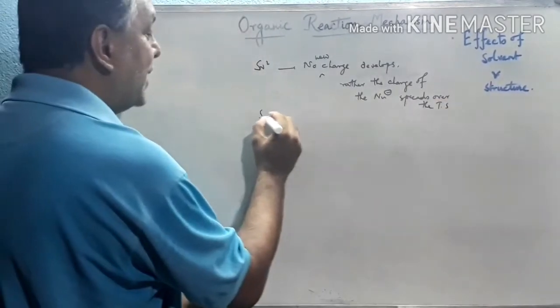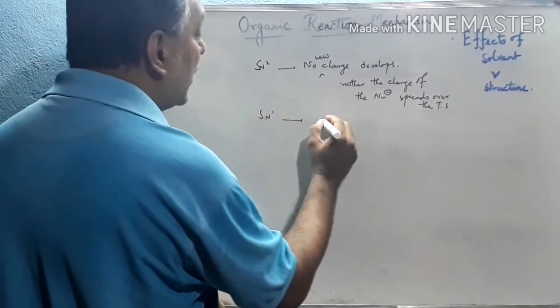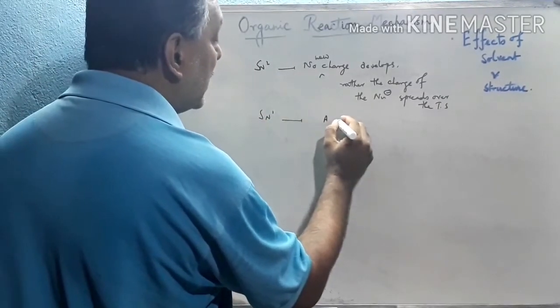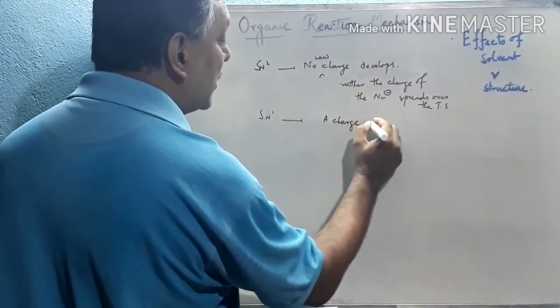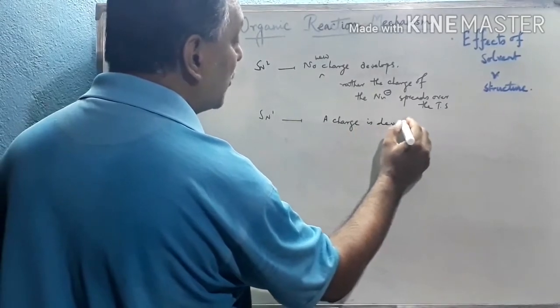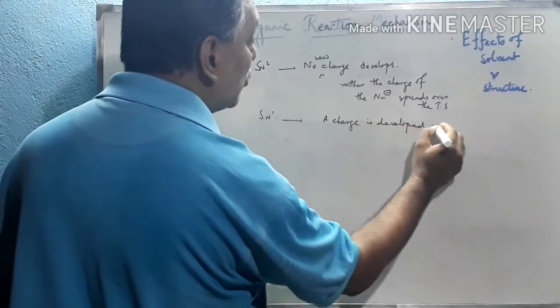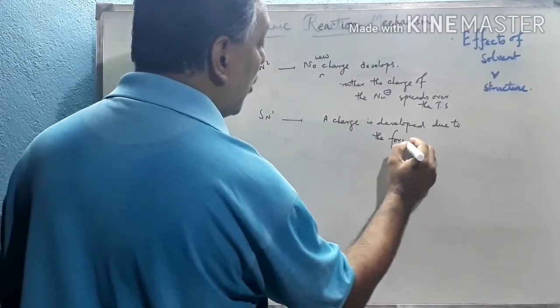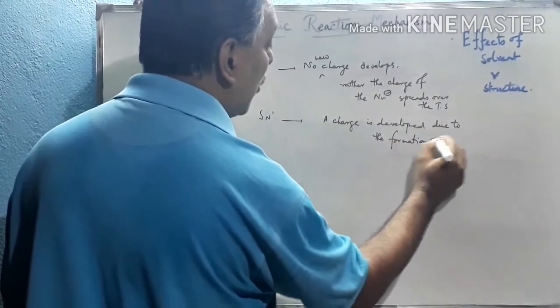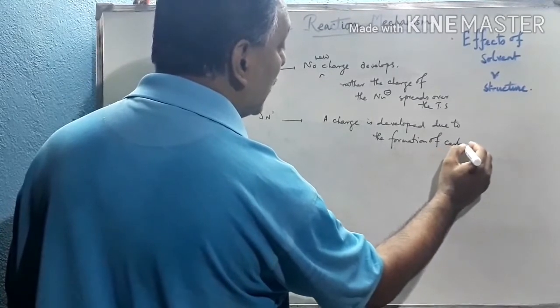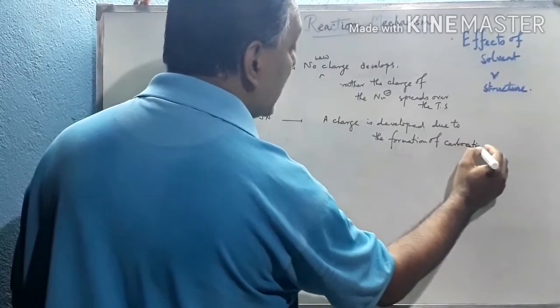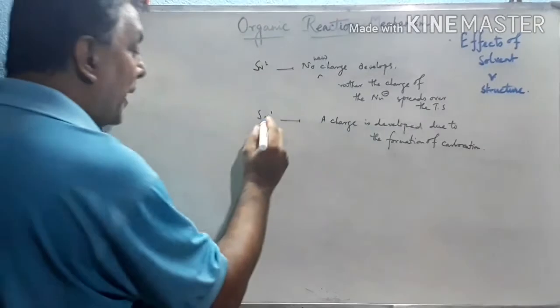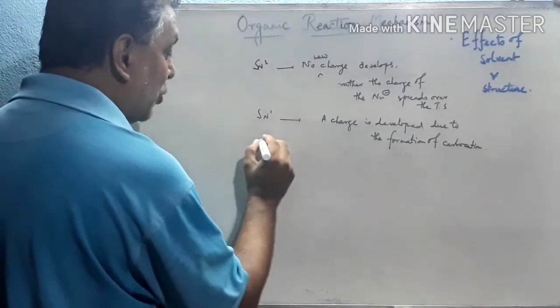But in case of SN1, a charge is developed due to the formation of carbocation.